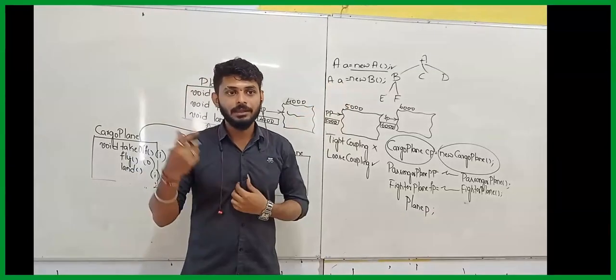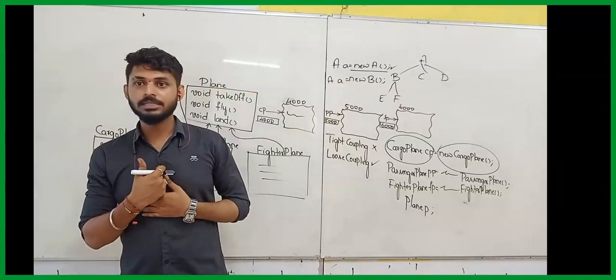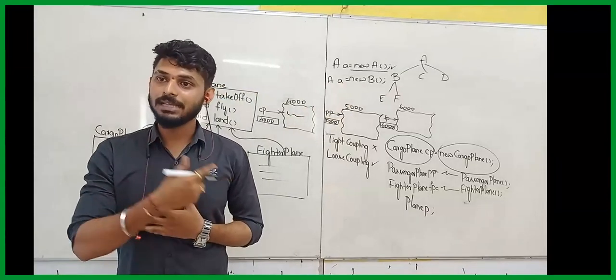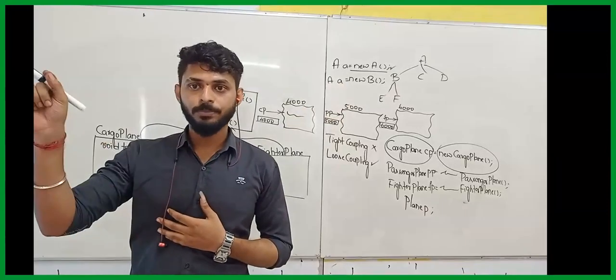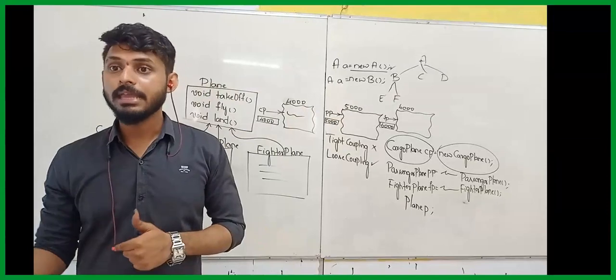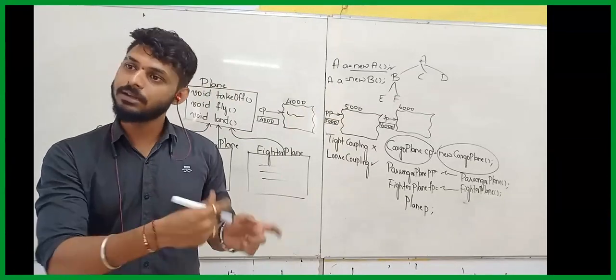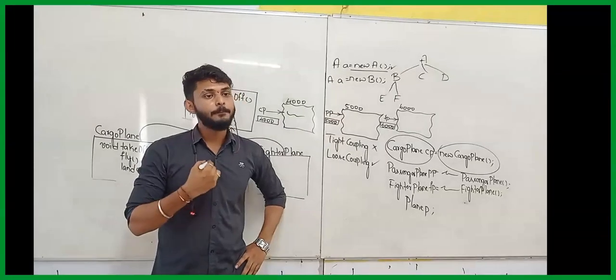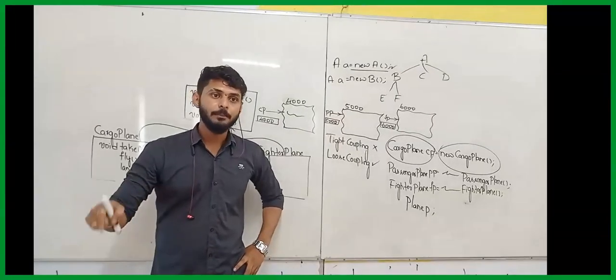If you create a reference variable of my type, you can store my object's address. True. Now every child object's address also you can store. Getting my point? All these days what we used to do? For my type object we used to create my type reference only. For my children type object we used to create my children type reference only. That we call it as tight coupling.